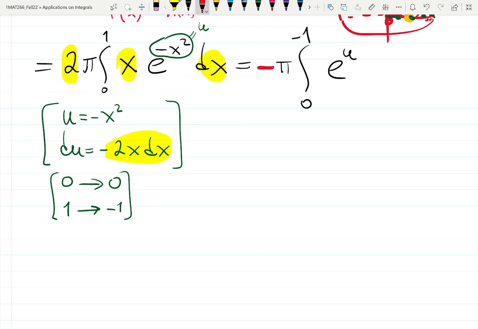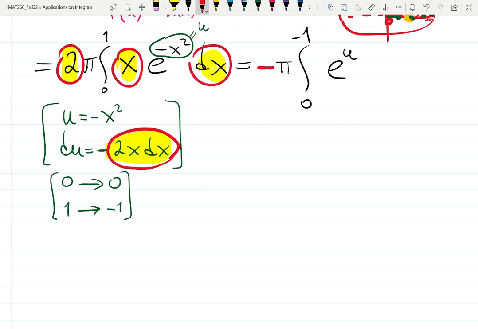Again, review u substitution if you didn't understand what I just did. 2x dx is minus du. And I have 2x dx, that is minus du. Agree? Basic u substitution, very classical example.